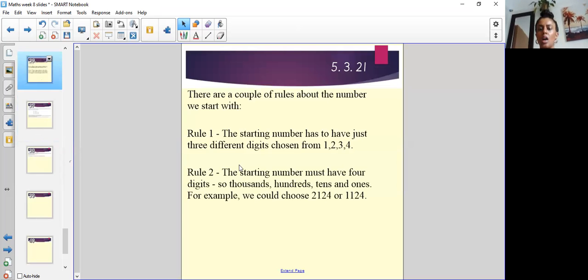Remember, the starting number has to have just 3 different digits chosen from 1, 2, 3, 4. So you could have 2,234 because you're using 3 different digits. The starting number must have 4 digits, so thousands, hundreds, tens, and ones. For example, 2,124 and 1,124. Have a go and see if you can complete this challenge.